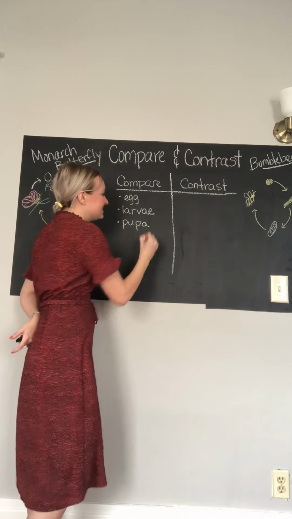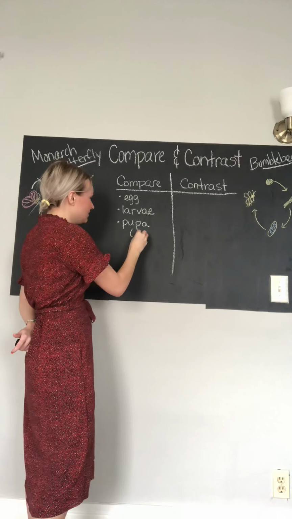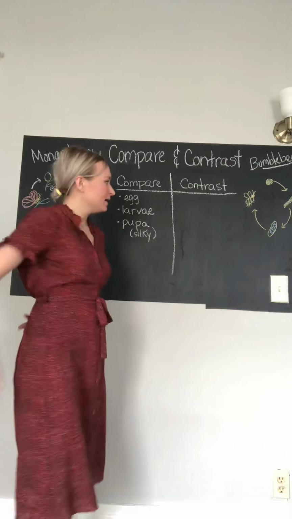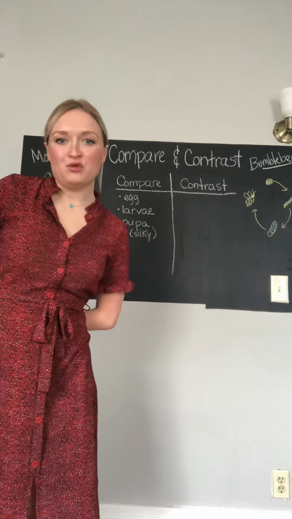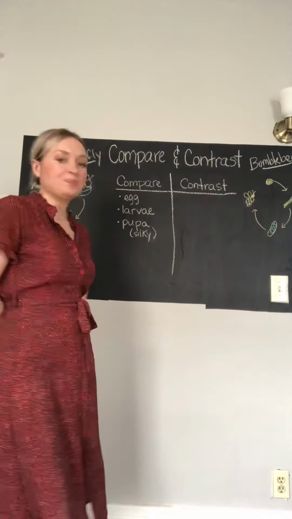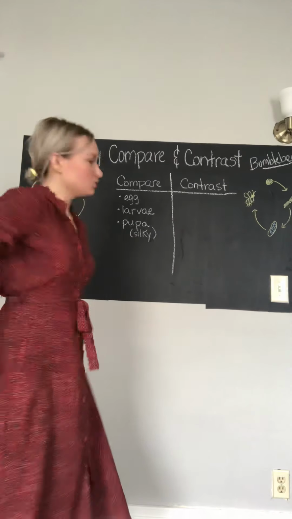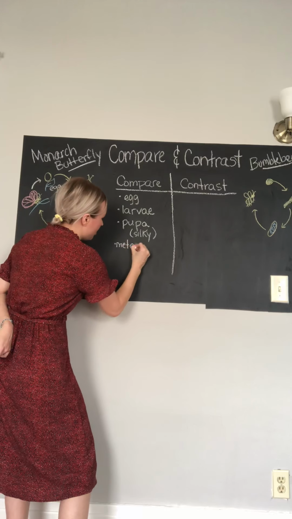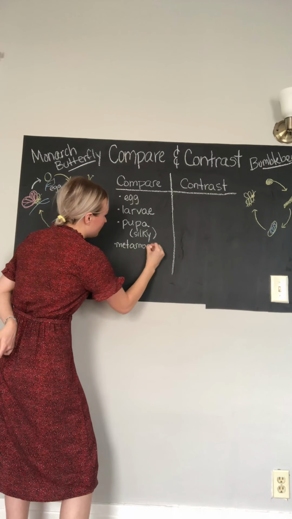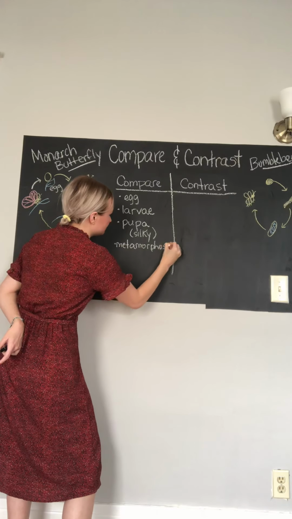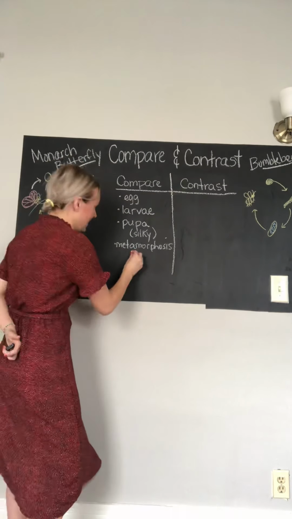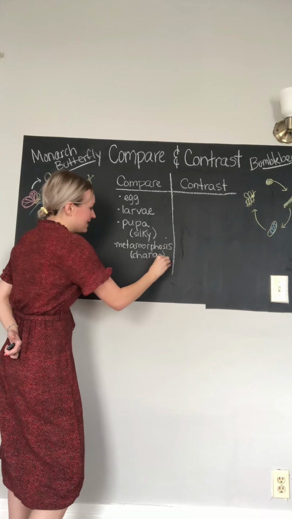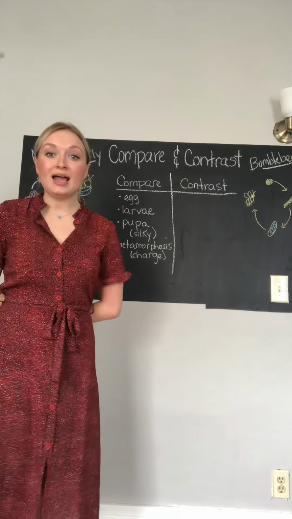They both form silky cocoons. These are where they perform metamorphosis and transform into an adult. So we'll put the process of metamorphosis. That's a process of change. They change their anatomy as they become adult animals.